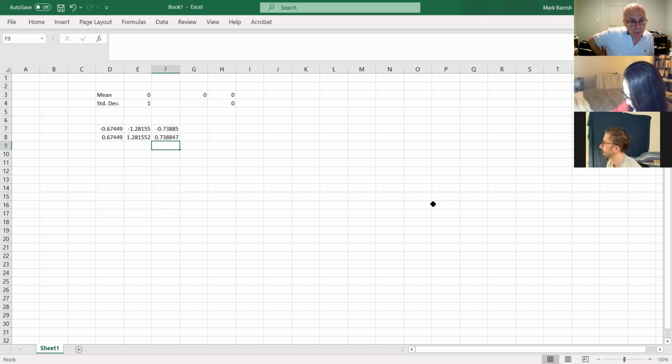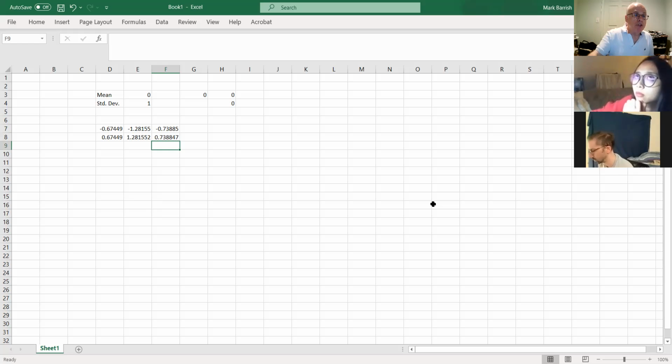Now, let's think about the answers here. Quartiles, we've learned when we were talking about the 5-number summary and box plots. Remember that? We said the lower quartile has 25% of the data less than that, which means it's the 25th percentile, which means its cumulative probability is 0.25.